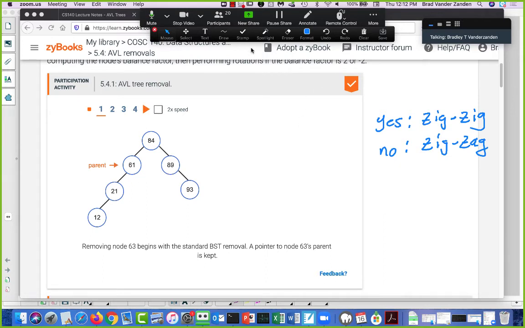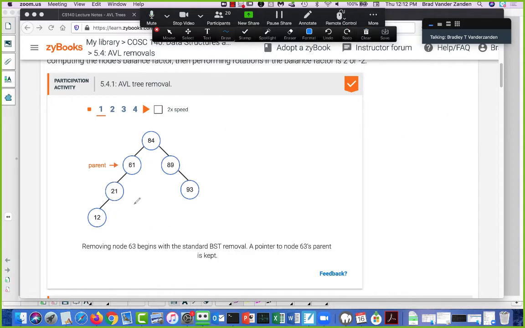It's a zigzag, and the reason is that if we look at balance factors, here's a height of 0, 1, 2. I'm sorry, I'm still not doing this right.